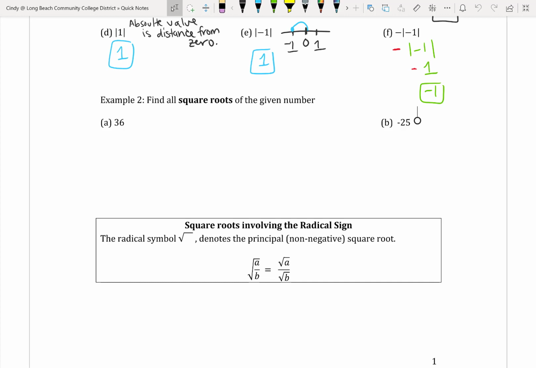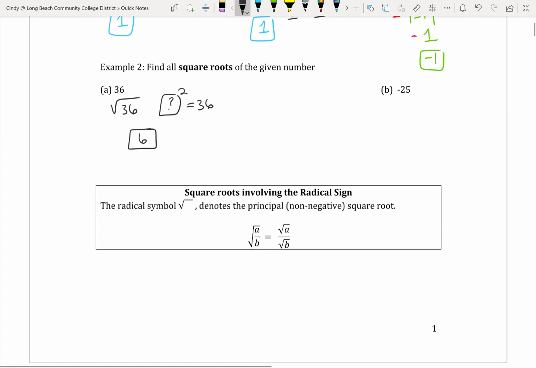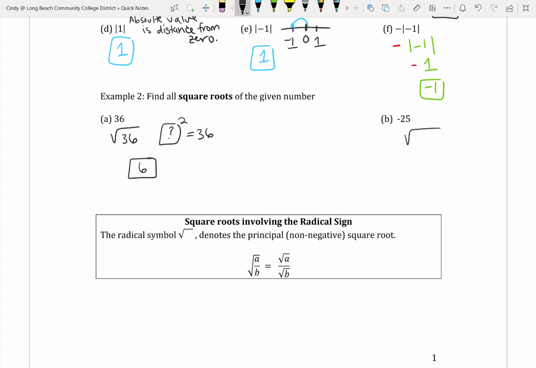So when it says find the square roots of the given numbers, well, if I were to find the principal square root of 36, I'm saying what number, if I square it, is going to give me 36. And the principal square root there would be 6. 6 times 6 is 36. Here, if I think about it, the square root of -25, well, it's negative inside the square root.